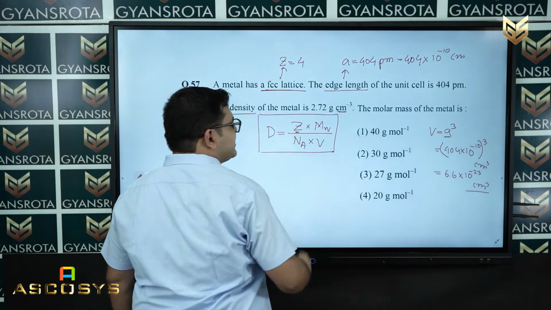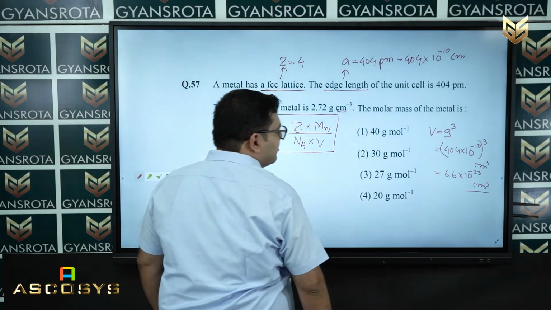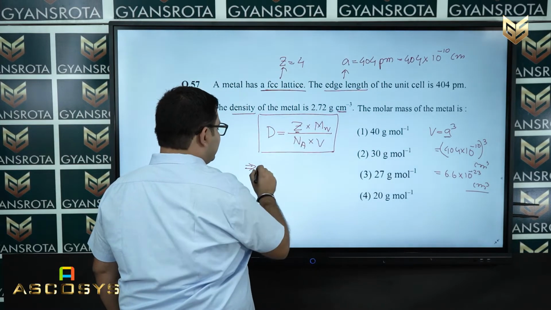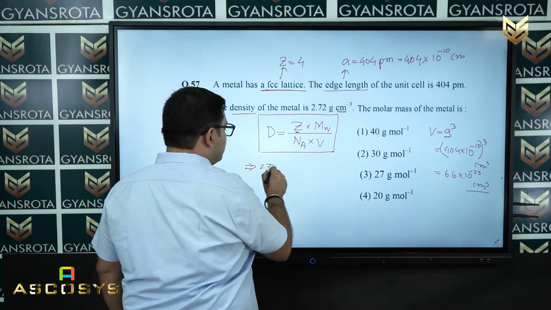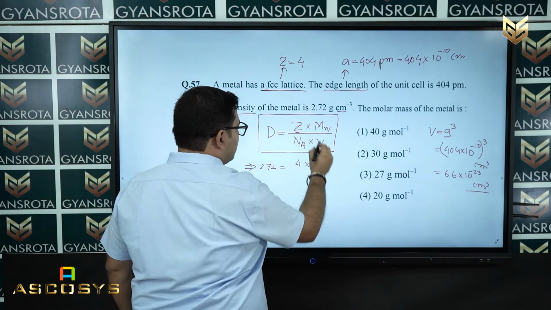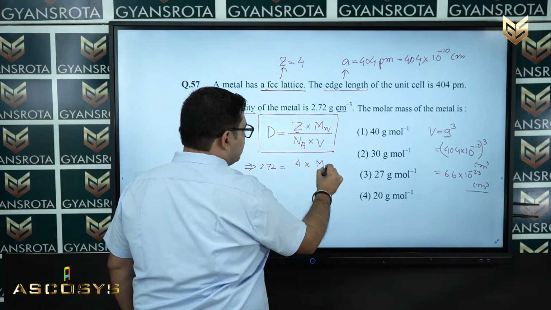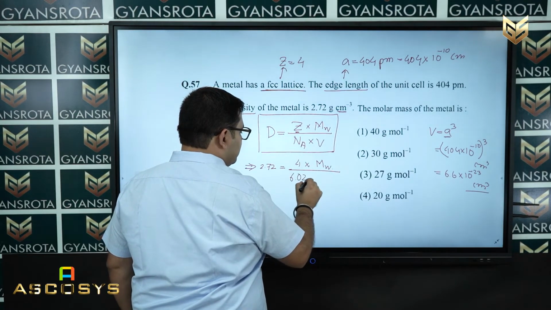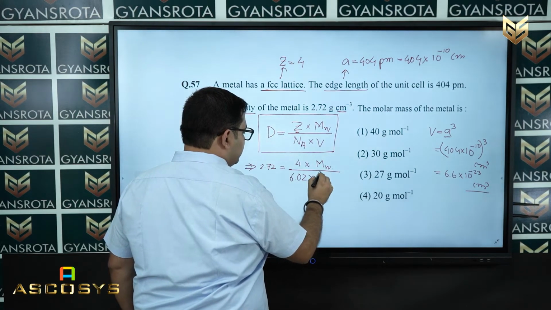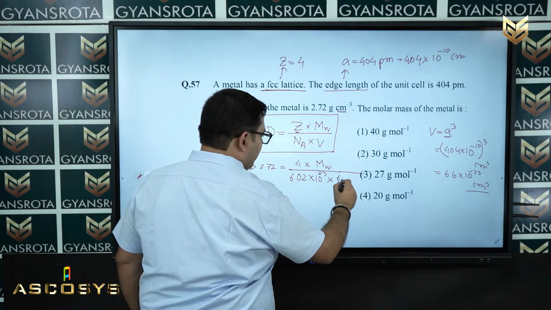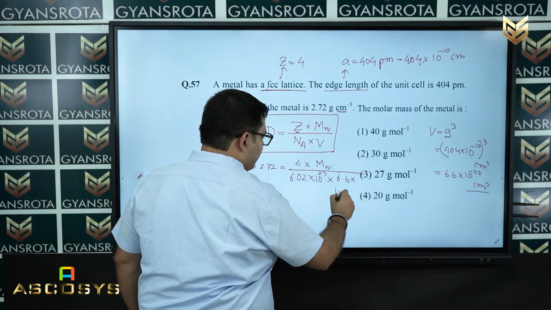So this is the value of V. Now the D value is given as 2.72, Z value is given as 4, MW we have to calculate. Na is 6.02 into 10 to the power 23, V value is 6.6 into 10 to the power minus 23.